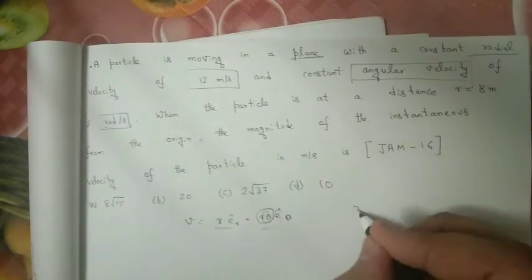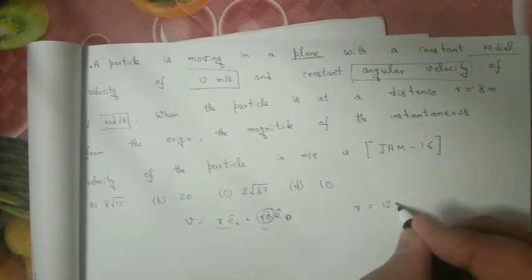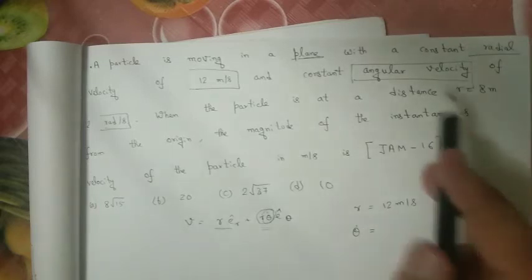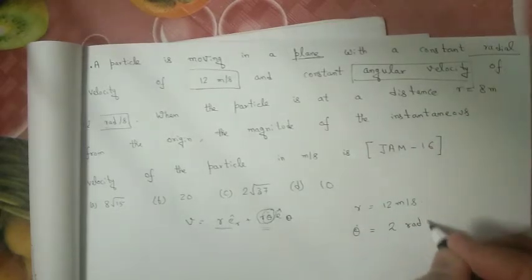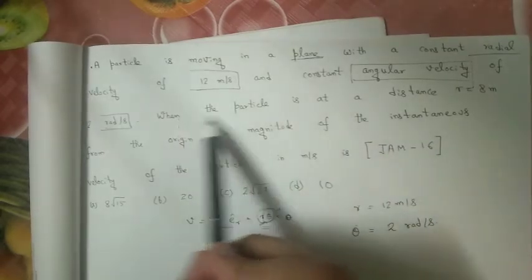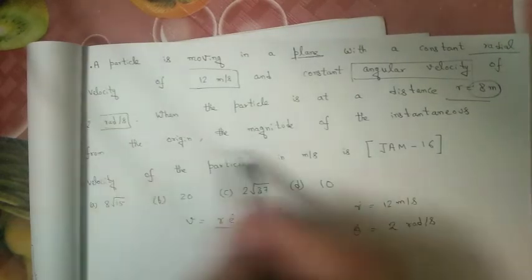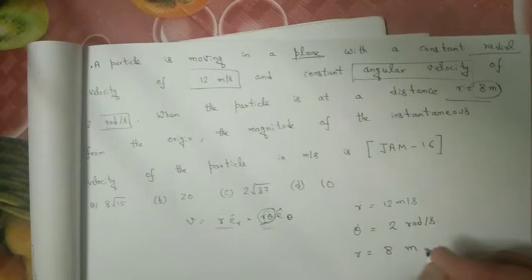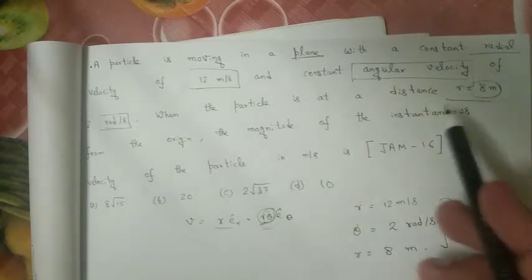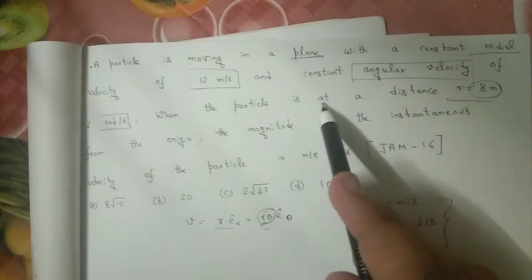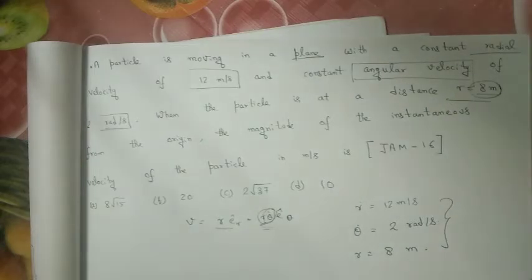So r dot is given as 12 meter per second and theta dot, the angular velocity, is 2 radian per second, and r, that is when the particle is at a distance of 8 meter from the origin, so r is 8 meter. r might not be mentioned directly, it can be given that it is at a distance 8 meter, so you need to take r as 8 meters.